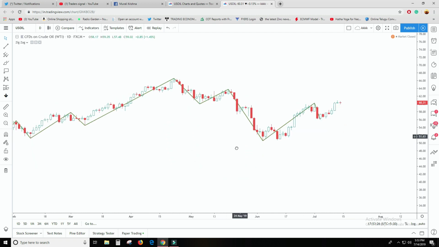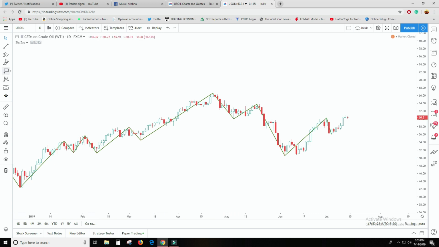Let me remove all the drawing tools. Yes, and here you can see this one was the high, and it's a lower low and lower high, and here also it makes a lower high.